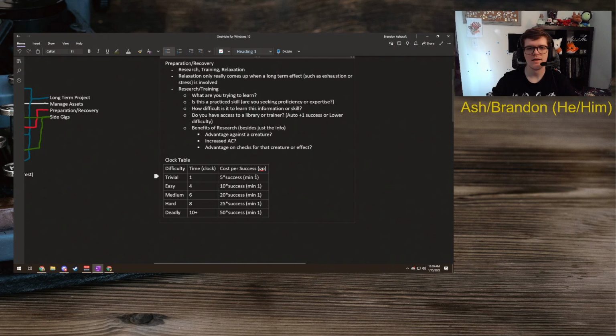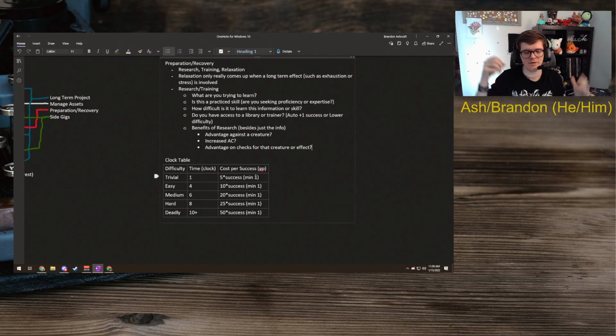Sorry, side thought. The actual tangible benefits to research besides just, oh, hey, you know this now. Especially if I'm technically giving you less information by saying you get one large chunk of info instead of 3 separate chunks of info. So, if you're learning about Crexian and you're in a library devoted to demons, then now it's a hard, you roll the check. It's going to take you more than one attempt to finish that.